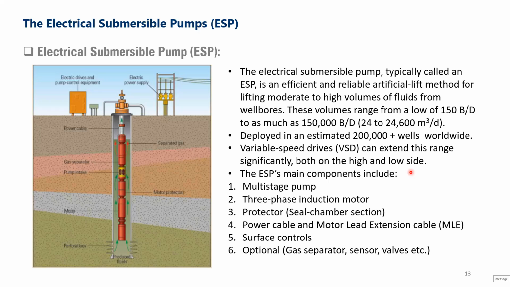So the electrical submersible pump uses the variable speed drive. So this is a surface system. Basically, it's an electric drive. It gives the option to the downhole ESP of running the ESP at different frequencies, hence obtaining different flow rates depending on the operator.